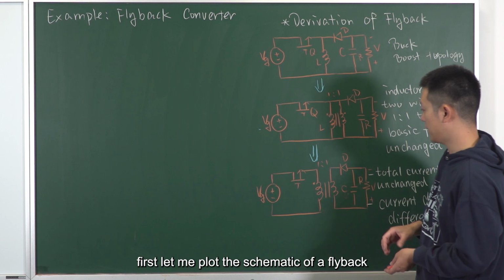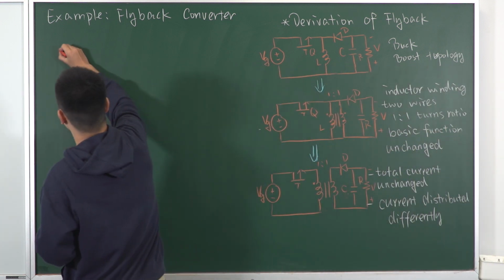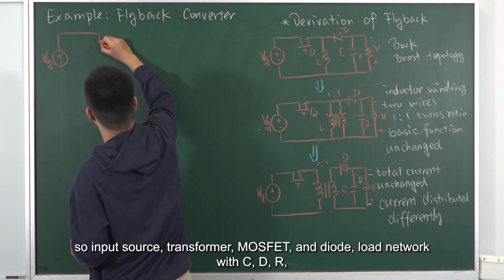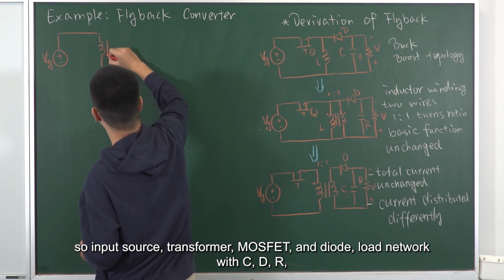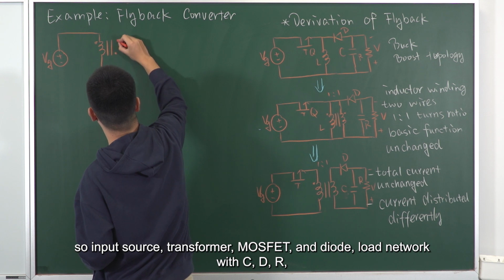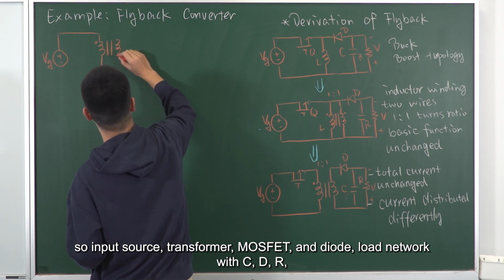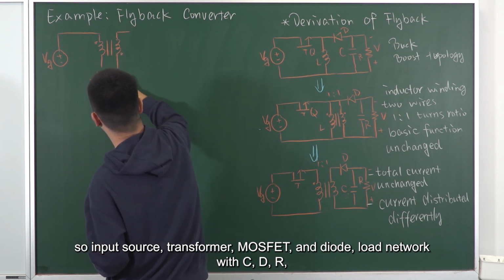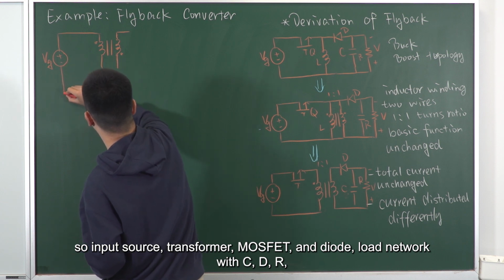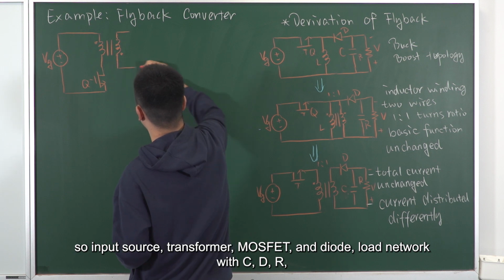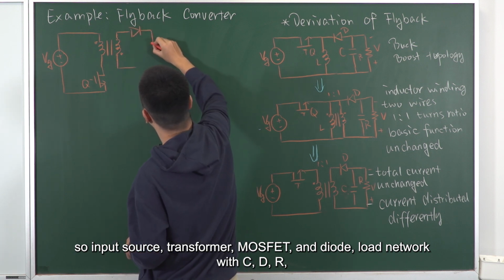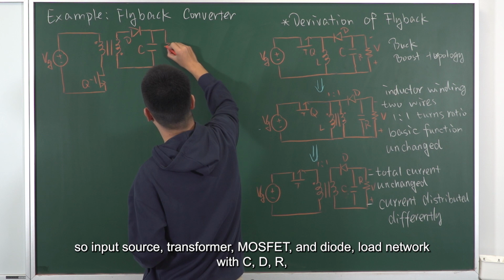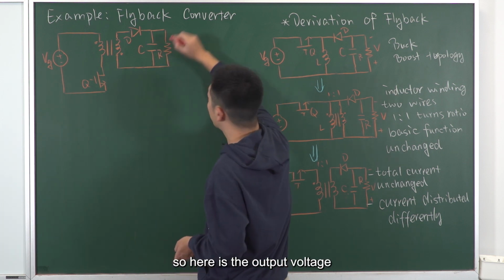First, let me plot the schematic of a flyback. Input source, transformer, MOSFET Q, and diode, load network with C, R. So here is the output voltage.